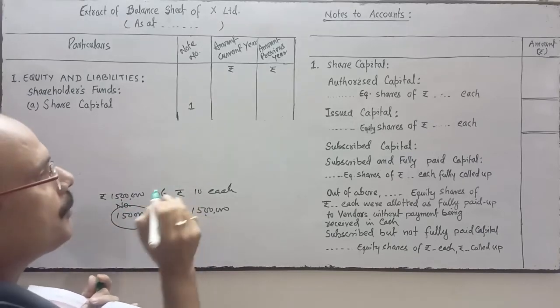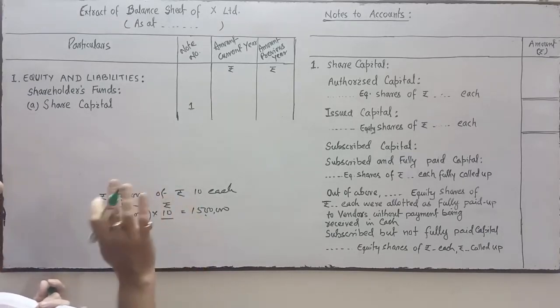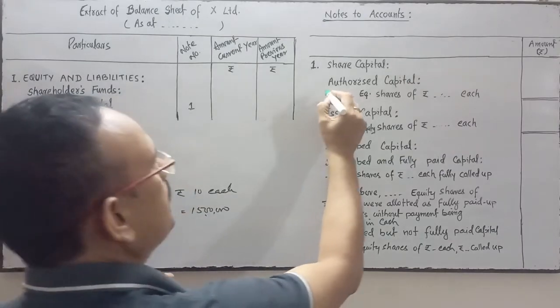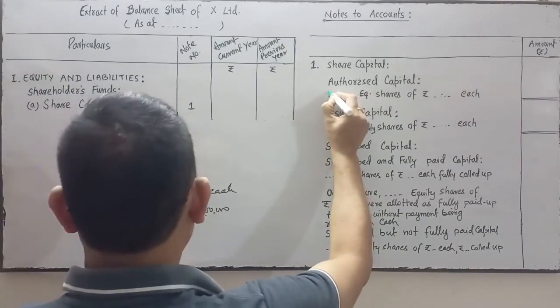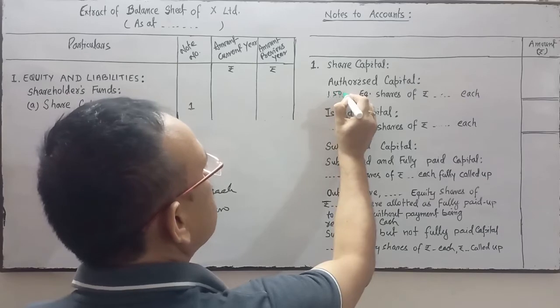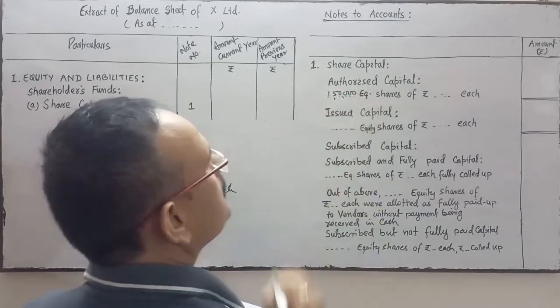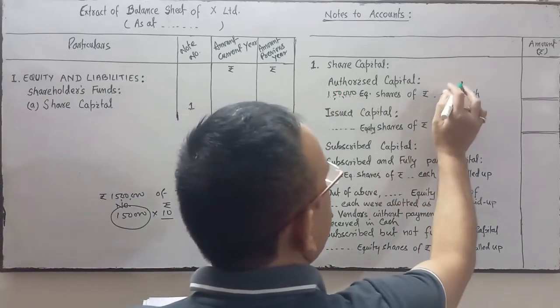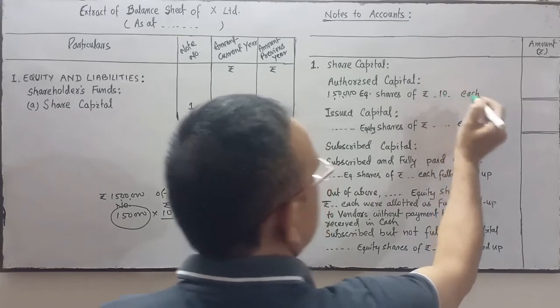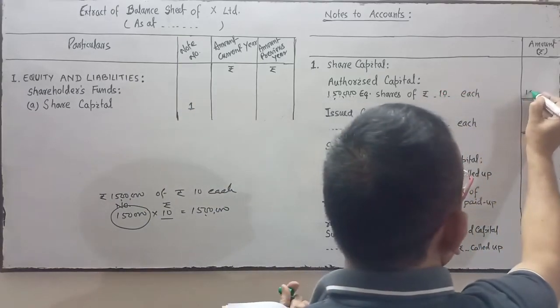So authorized capital is 1,50,000 equity shares of rupees 10 each, which is 15 lakhs.